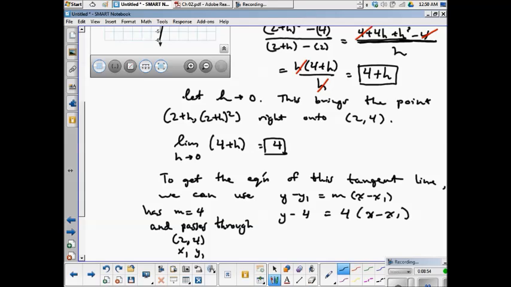We put in the values, so we put in 2 there. Okay, so y minus 4 equals 4x minus 8. Y is equal to 4x minus 4, if you add the 4.